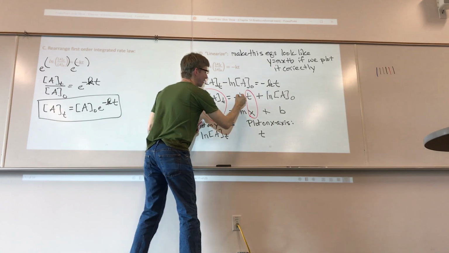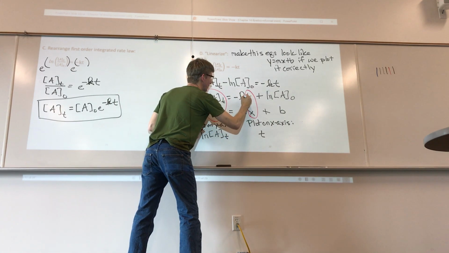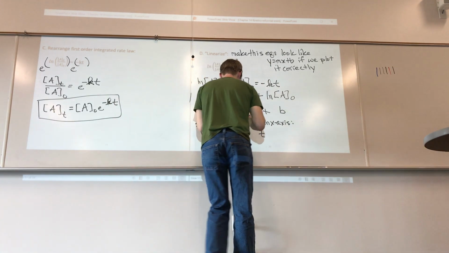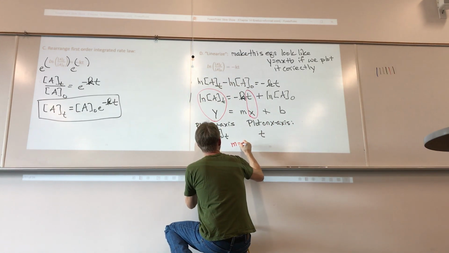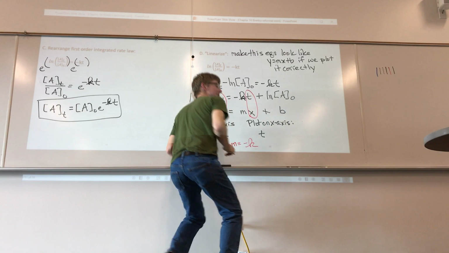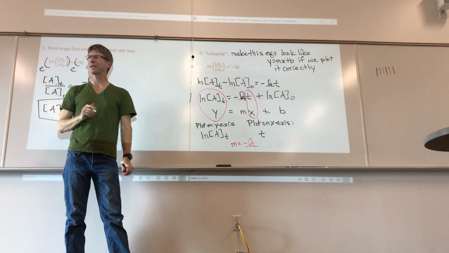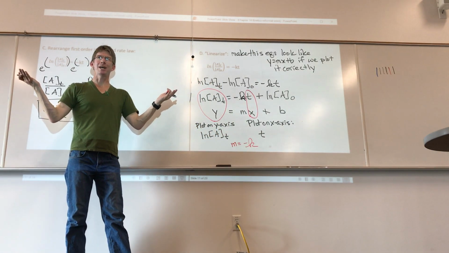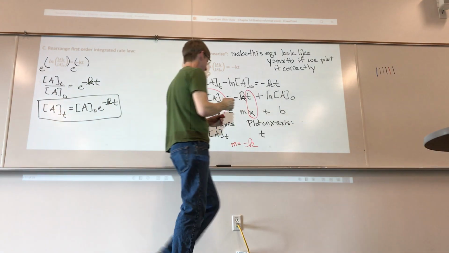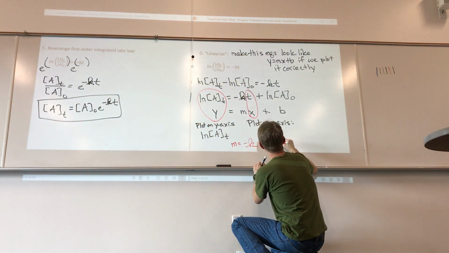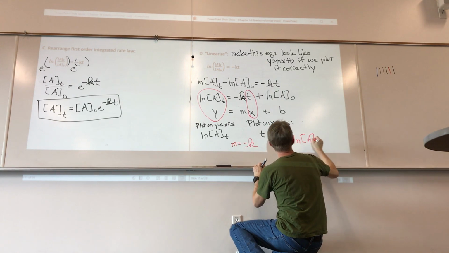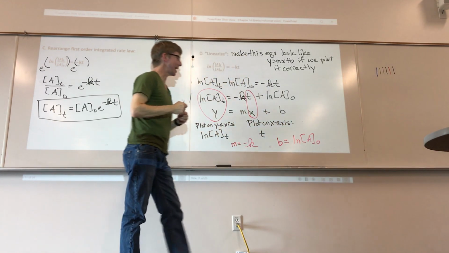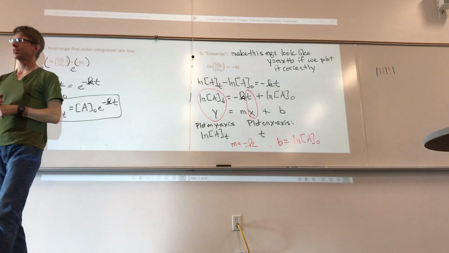And I cannot get that right, can I? The slope is the negative of the rate constant. Voila, instant rate constant. And the y-intercept is the natural logarithm of the initial concentration of A.